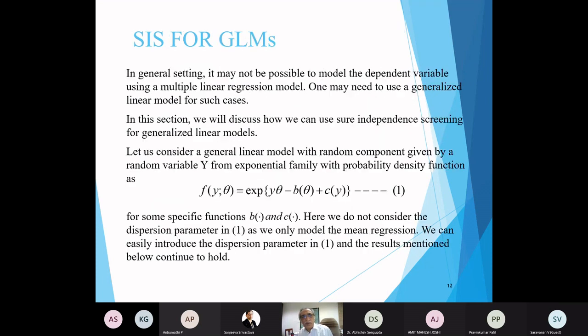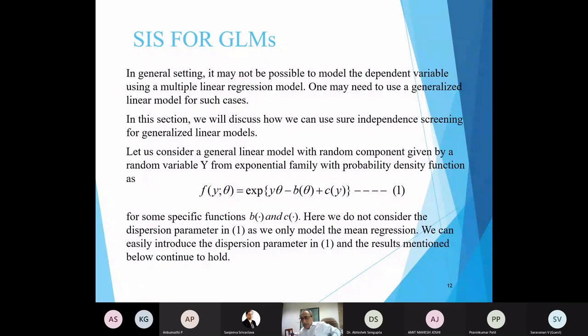Now I just explained to you sure independence screening, which is abbreviated as SIS. I also explained the concept of linear regression, first containing one variable, and briefly linear regression containing p variables: Y is equal to alpha plus beta 1 x1 plus beta 2 x2 plus up to beta p xp plus epsilon.